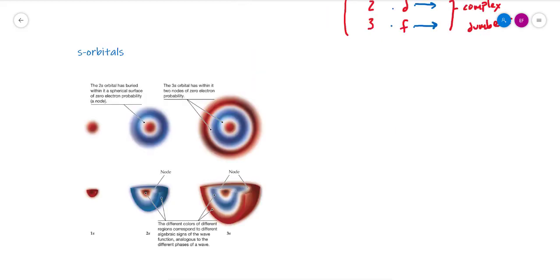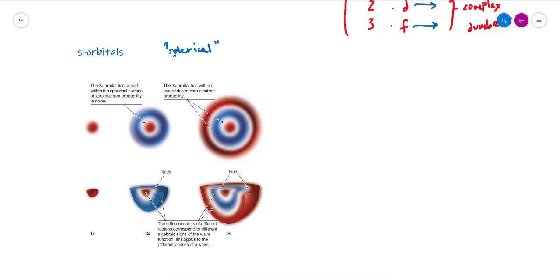So s orbitals, as I mentioned before, are these spherical shaped orbitals. The depiction that I grabbed from a book here shows them as fuzzy surfaces, and that's to give you a better sense that these aren't rigid containers that hold electrons in, bouncing around.